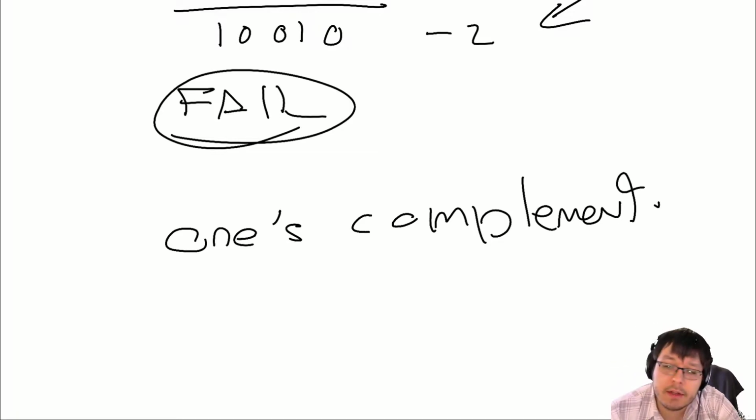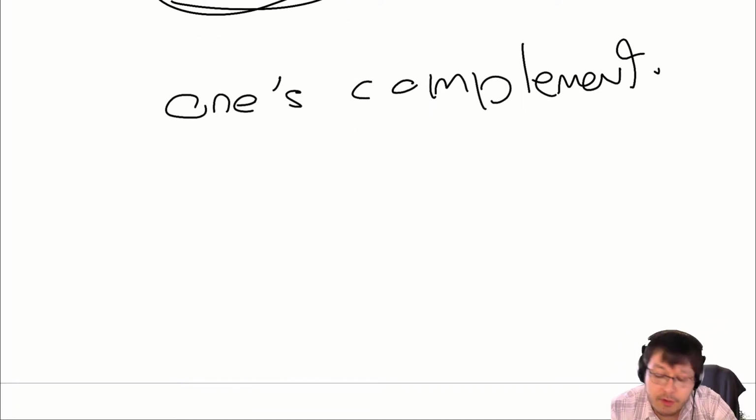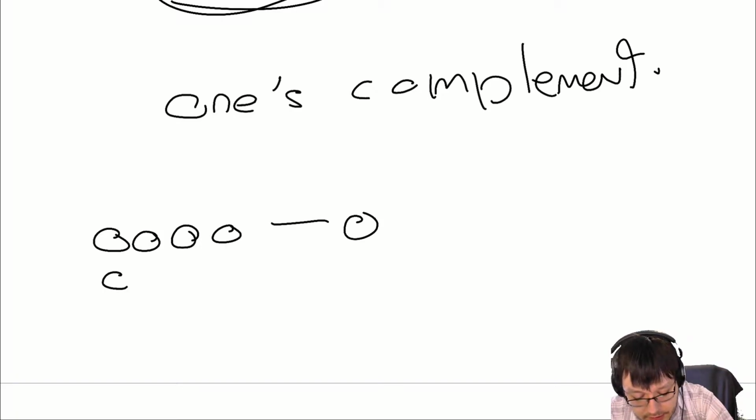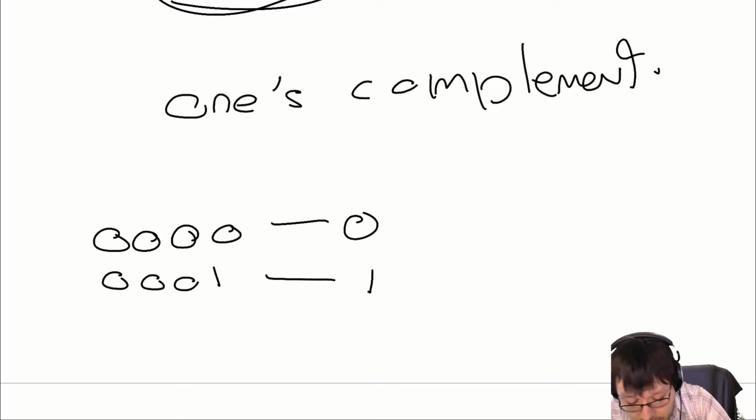1's complement is the version of keeping a signed bit, but to represent a number, you're actually going to use a different range. You're going to start out with 0. Let's say we have 4 digits. So you start out with 0 here, and then you get 0, 0, 1, which becomes a 1.